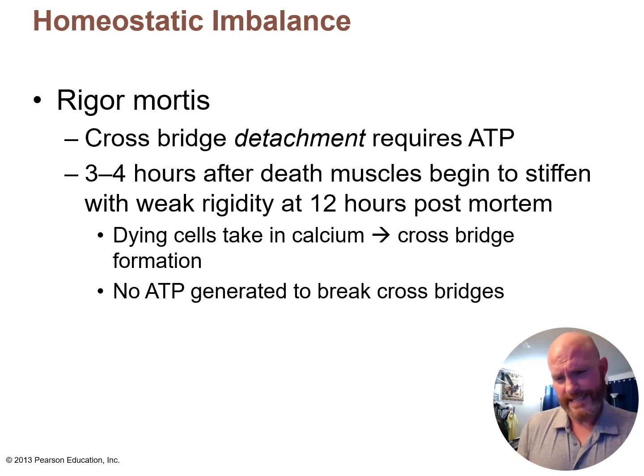The lack of ATP causes an inability for the cross bridges to detach, and therefore myosin stays bound to actin. Long story short, the muscle is unable to relax. That's what causes the muscle contraction commonly referred to as rigor mortis in a cadaver.